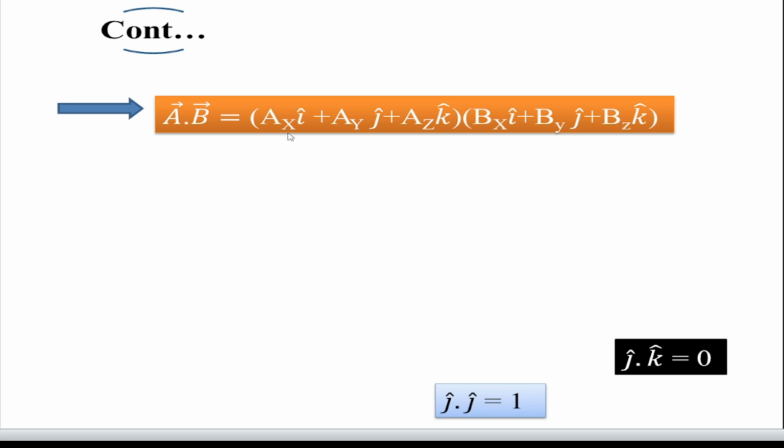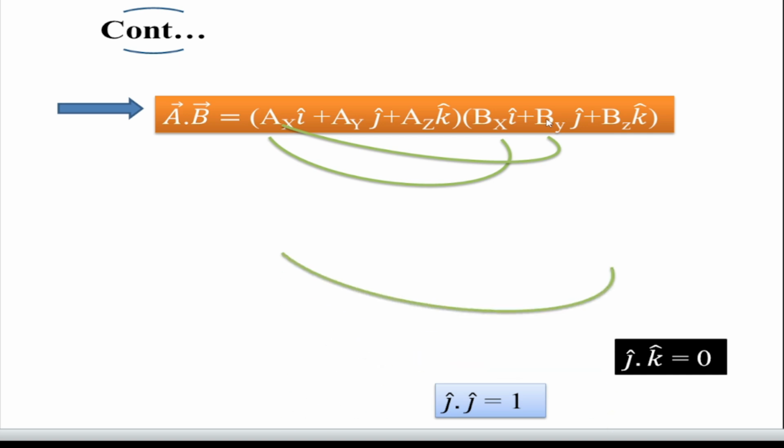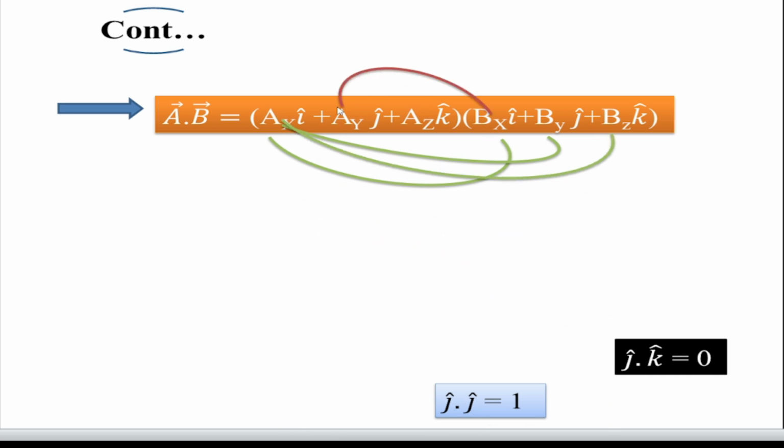Now we multiply the x component of vector A with the x component of vector B, followed by the x component of vector A with the y component of vector B. And then we have to multiply the x component of vector A with the z component of vector B. The next approach will be to multiply the y component of vector A with the x component of vector B. Great.